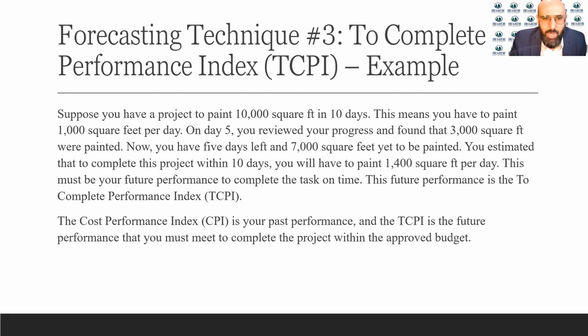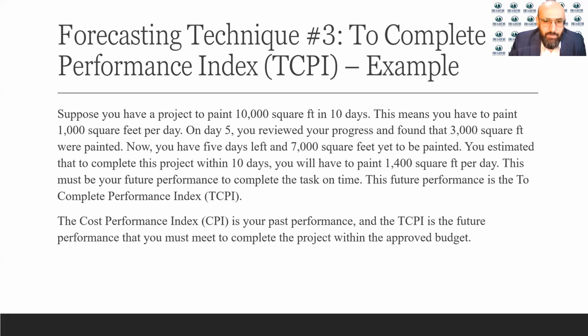Suppose that you have a project to paint 10,000 square feet in 10 days. This means you have to paint 1,000 square feet per day. On day 5, you reviewed your progress and found that 3,000 square feet were painted.